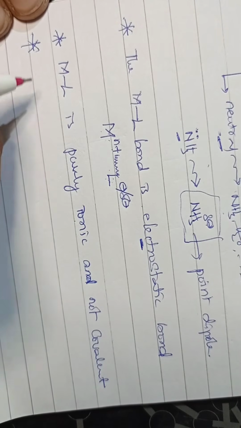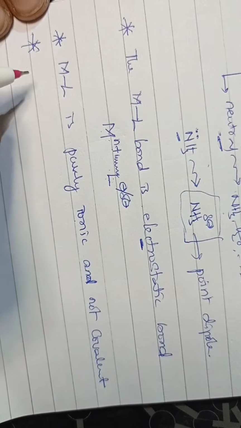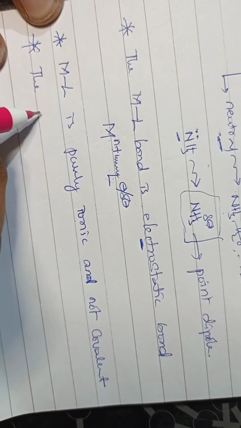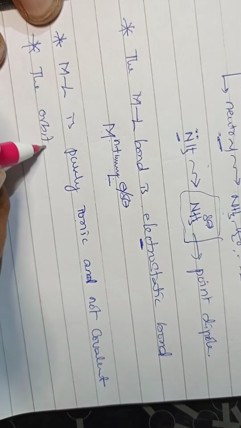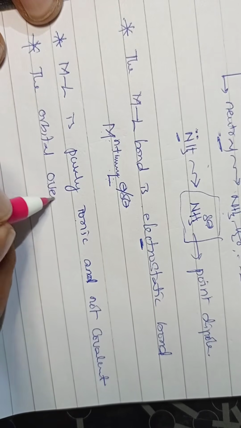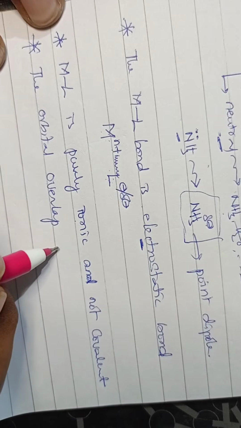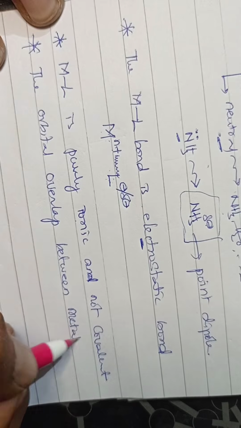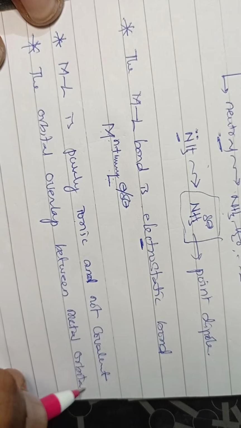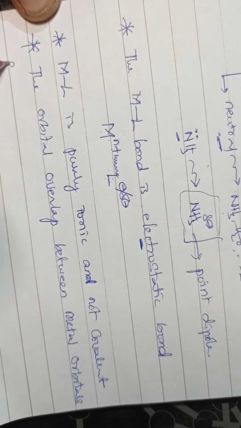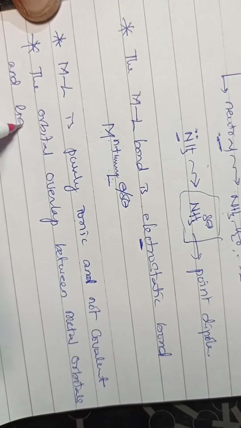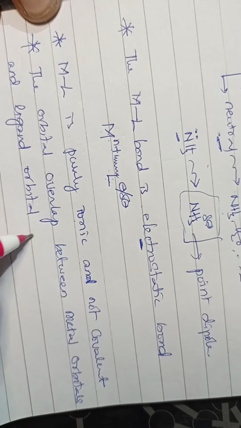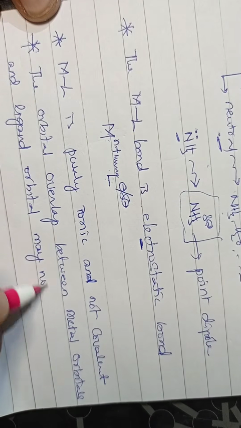So as the metal-ligand bond is not covalent, the orbital overlap between metal orbitals and ligand orbitals may not take place.